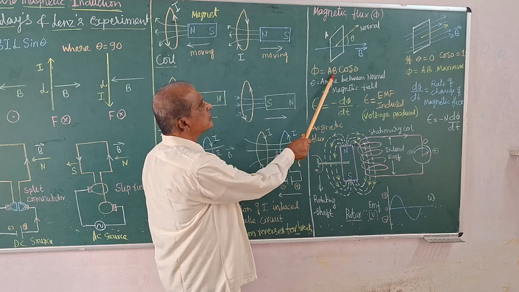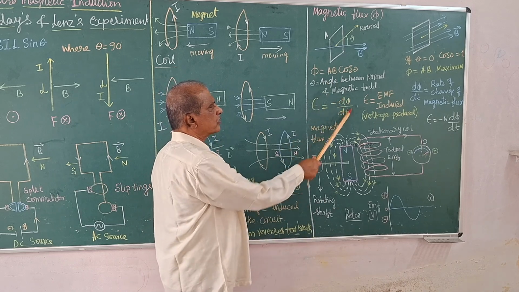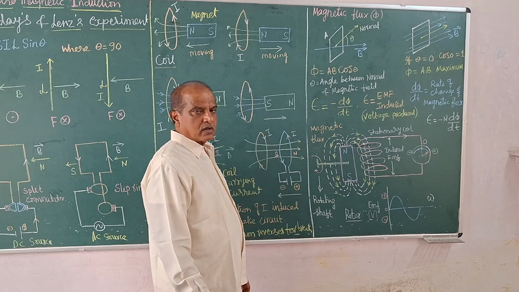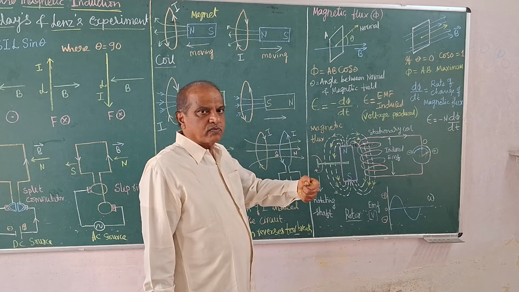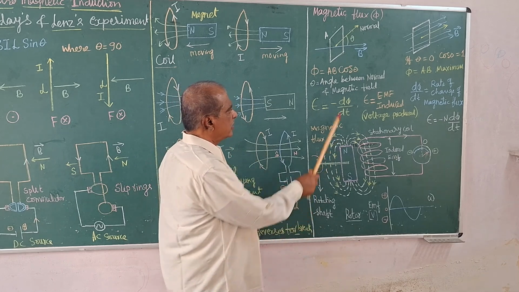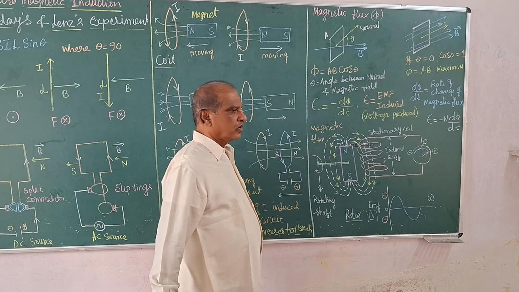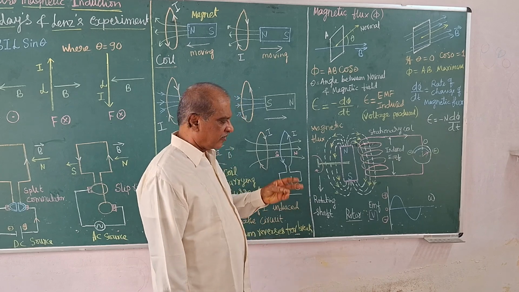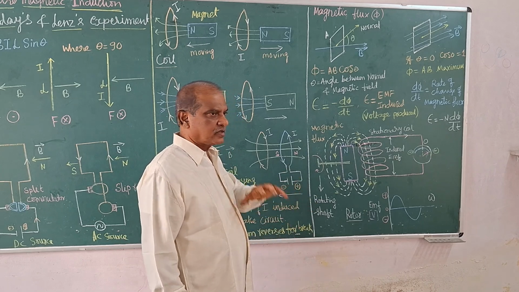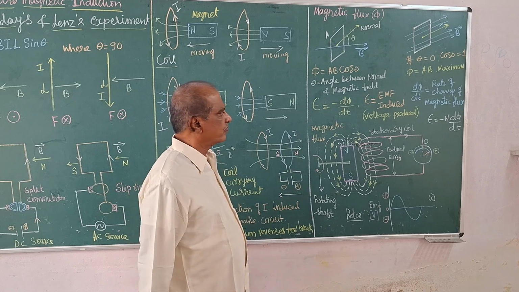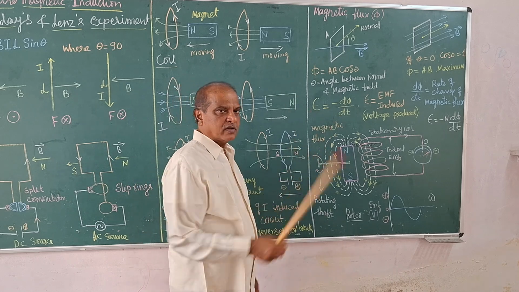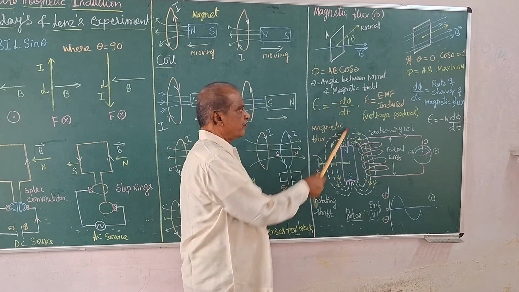And the higher the intensity of the magnetic field, the higher the value during rotation. And the higher the speed of movement or rotation, the higher this value. It depends on the area, magnetic field, and the speed of rotation, the speed of movement of the magnet. Faster the speed, greater this value.